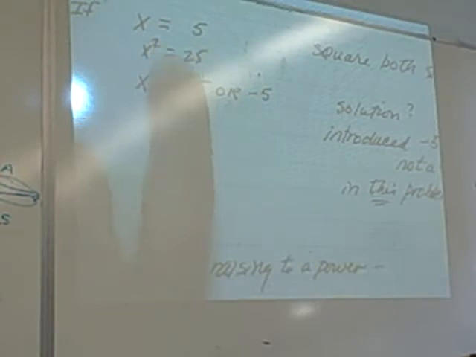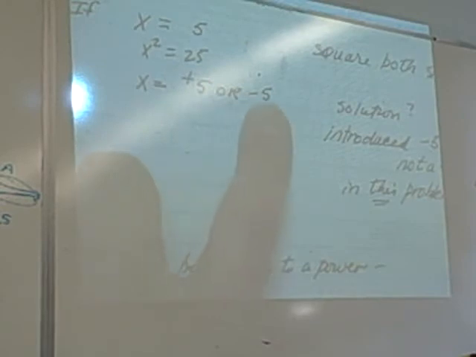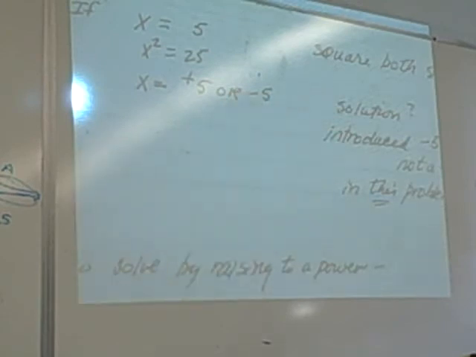Now, it happens that in other situations, x is equal to a negative 5. But in this particular case, it would be an extraneous solution. It's a solution that doesn't work. And it happens because we have a number that is squared and it has a positive and negative. So you always have to check your answer on these problems. Okay? All right, next problem.